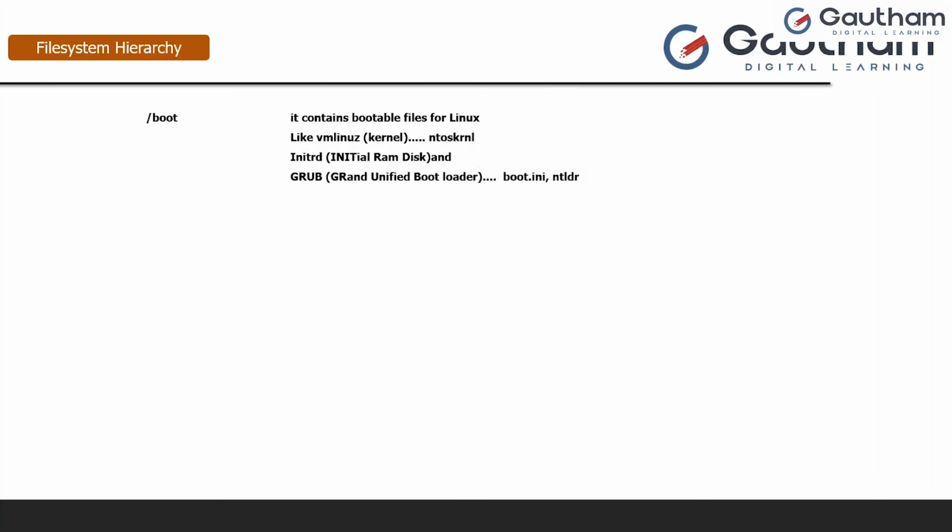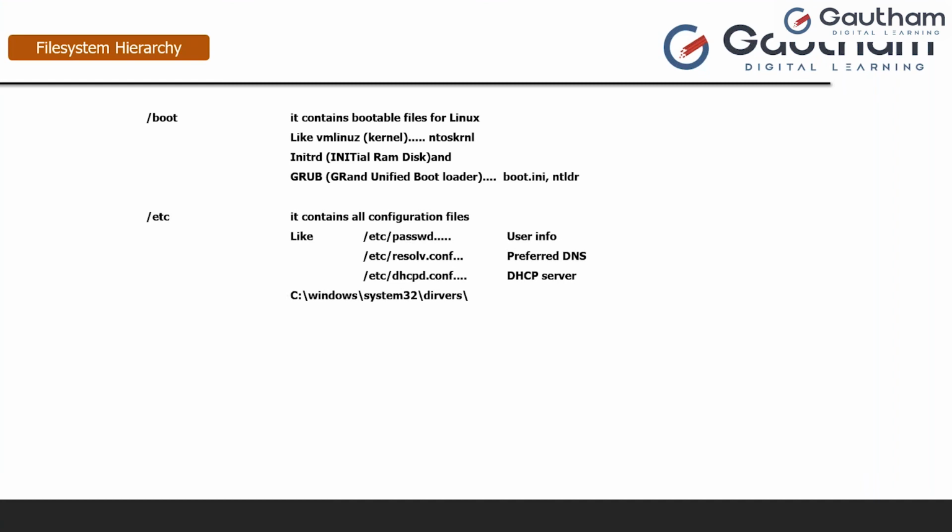Then you have /boot that contains bootable files, kernel images that are required to boot your operating system. You have etc that contains all the configuration files of the system, whether it is user config, network config, software config, or any other configuration in the system.